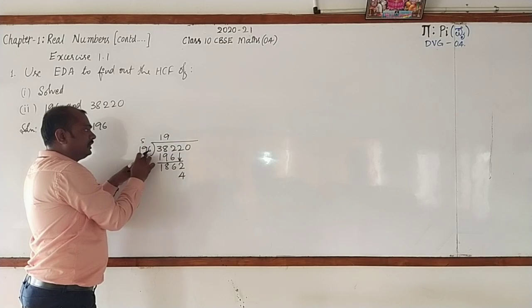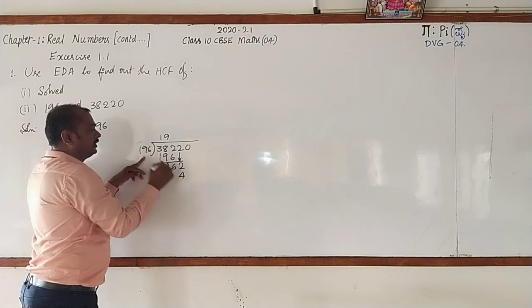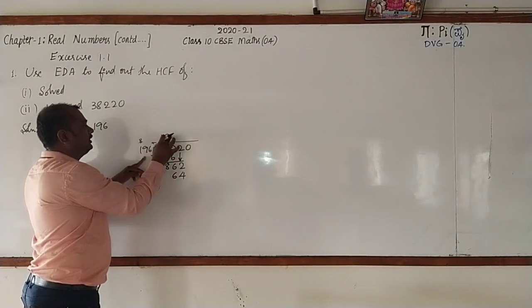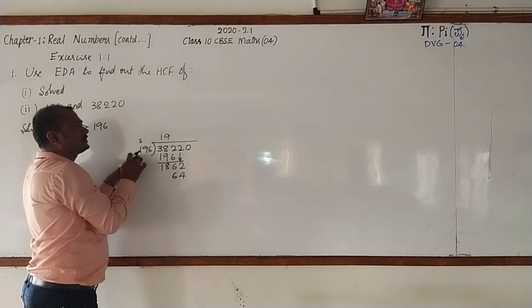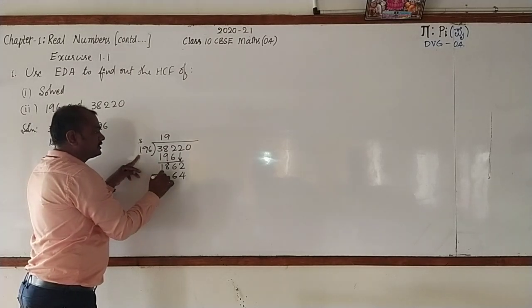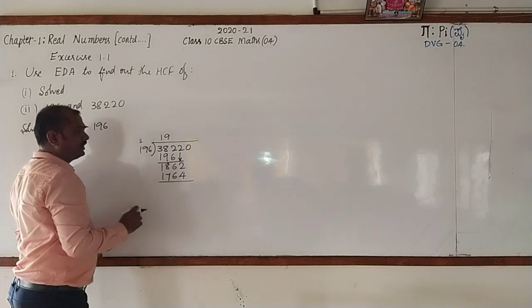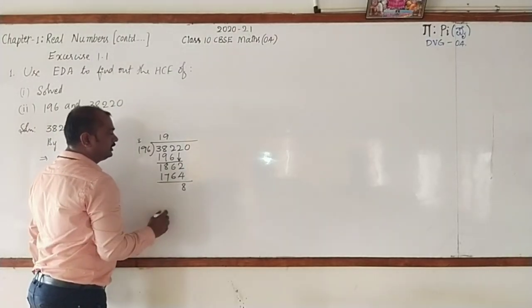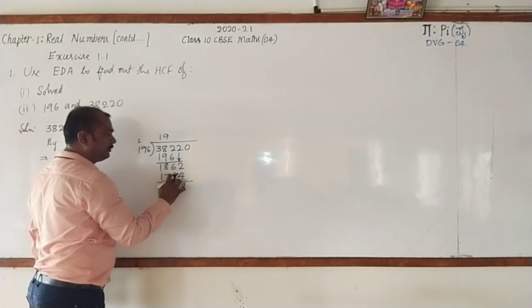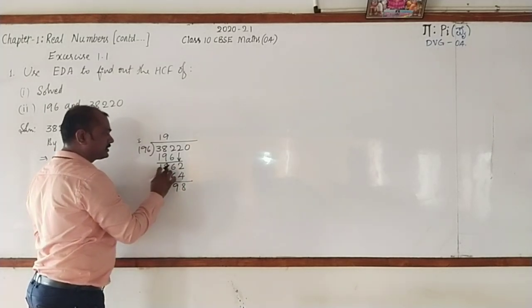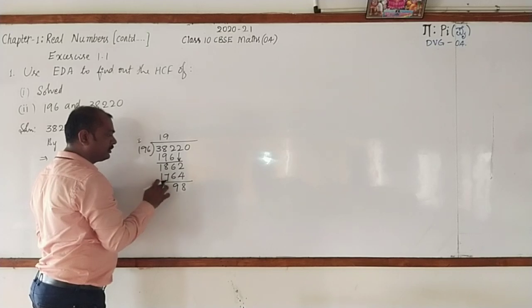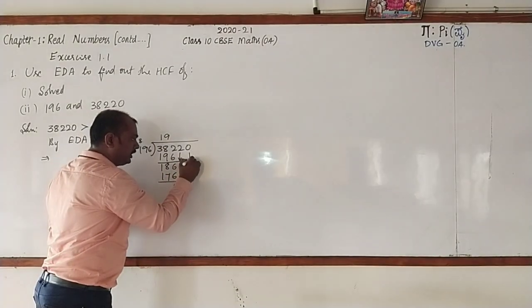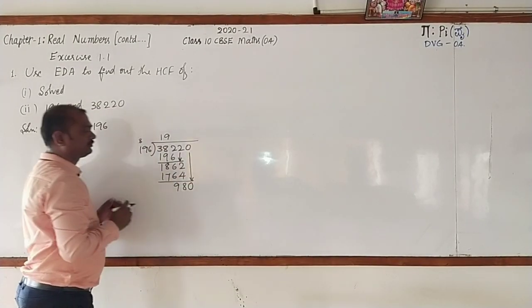Then 9 nines are 81 plus 5, 86, 8 is the carry. 9 ones are 9, 9 plus 8 is 17. So 1764. Now subtract. 12 minus 4 is 8. 5 will remain. 15 minus 6 is 9. 7 will remain. 7 minus 7, 0. 1 minus 1, 0.